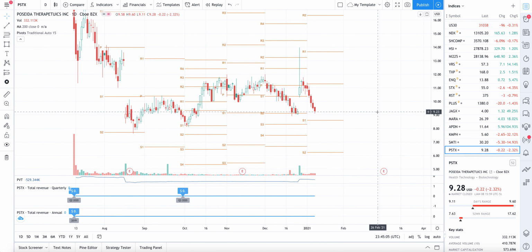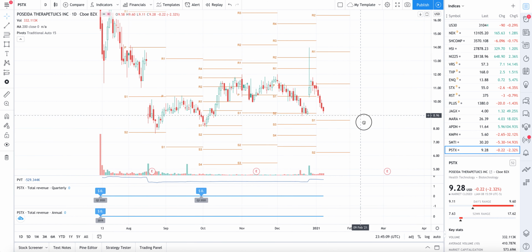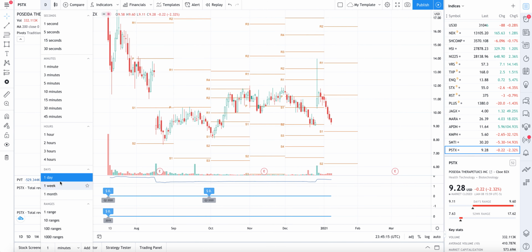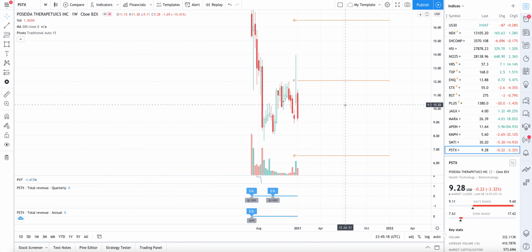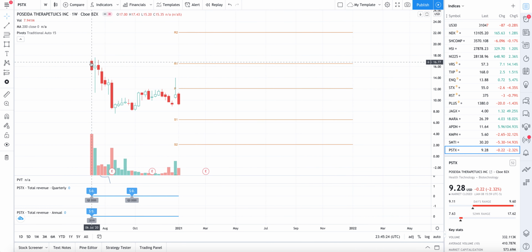And finally, we have PSTX, Prosaida Therapeutics. Not much going on. Sort of trending up to a higher price. Let's flick over to the weekly chart, get some perspective on this. Not much history, it was a new IPO last year. It's trading below the initial IPO range. And so here are our levels.